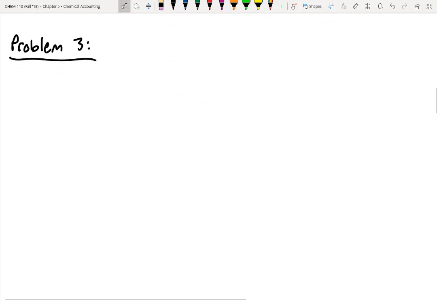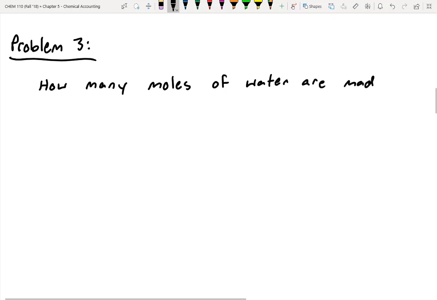All right, so problem 3 is asking about how many moles of water are made when 2.44 grams of silicon dioxide react.